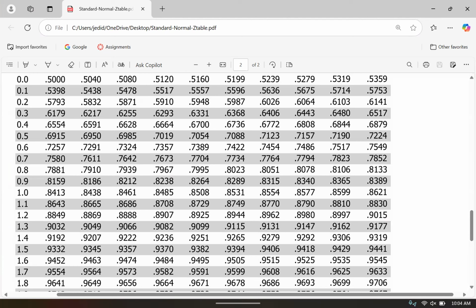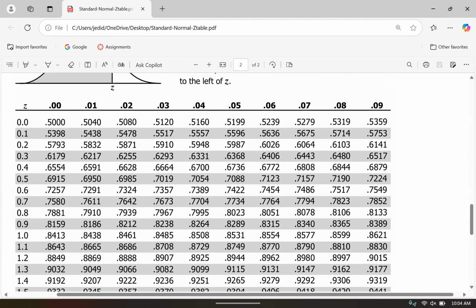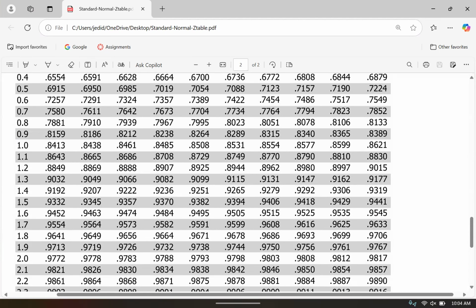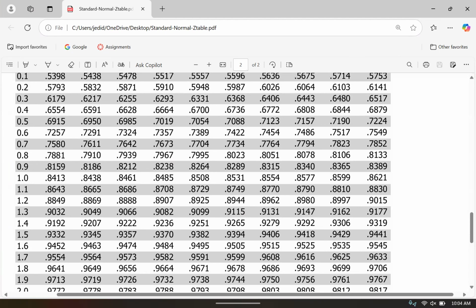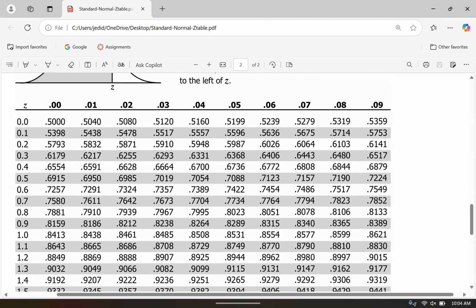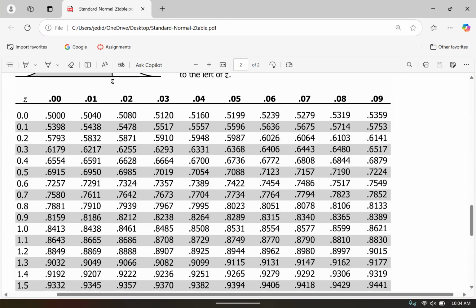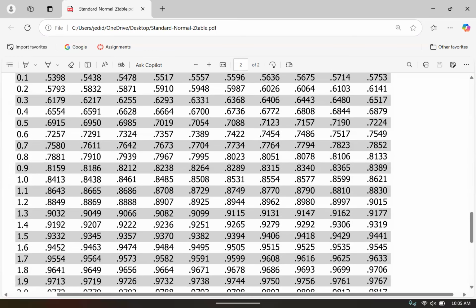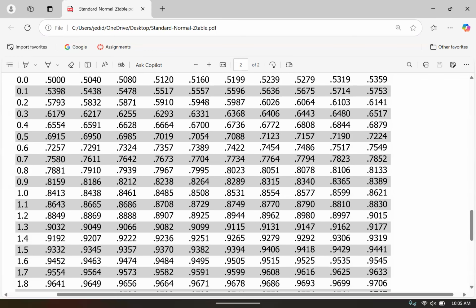You are slightly closer. 0.80. Slightly closer. 0.84. And 0.98. It's going to be way down here somewhere. You're slightly closer. 2.05.